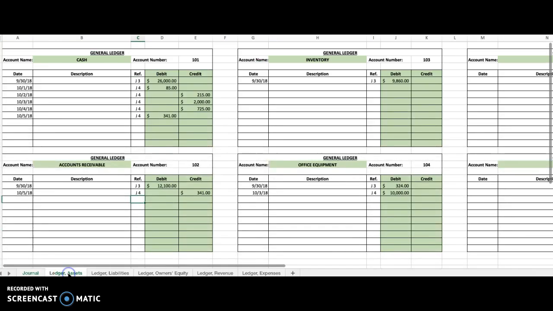But this now shows us, for example, cash is used most often, and you know that debit side is the increased side, credit side is the decreased side. This doesn't show the balance, but if we add up all those numbers and we subtract all those numbers, we'll get a new balance. It'll still be a debit balance, but we'll have a different amount of money by the end of October the 5th. So that is the process of posting.